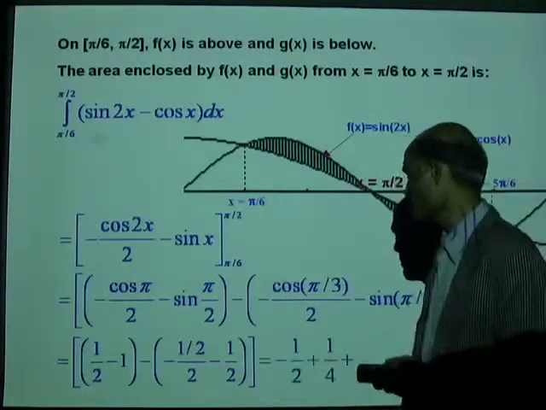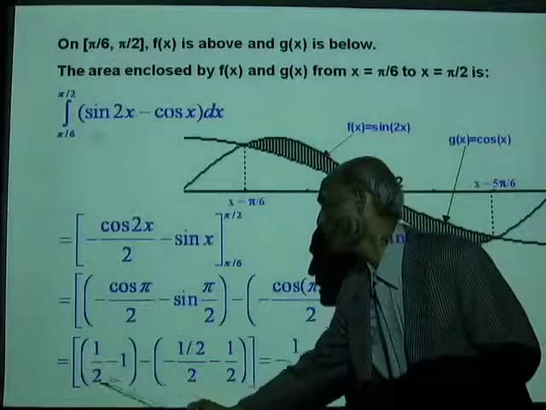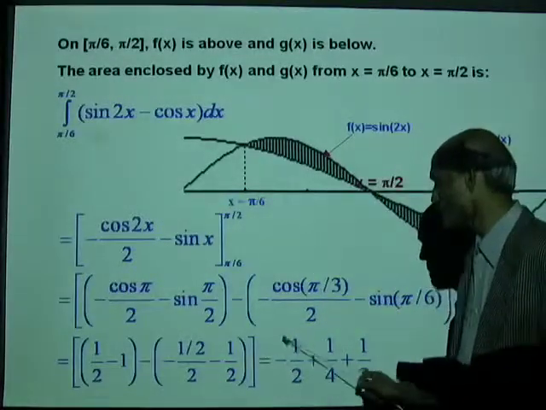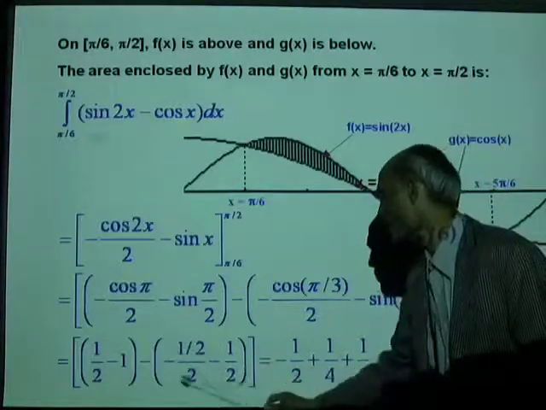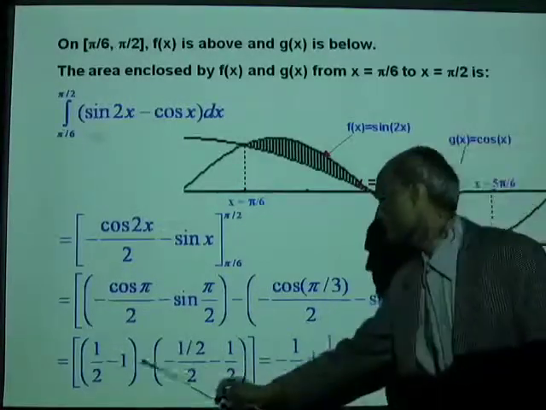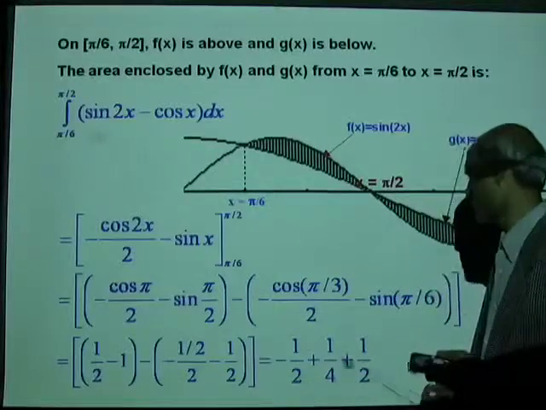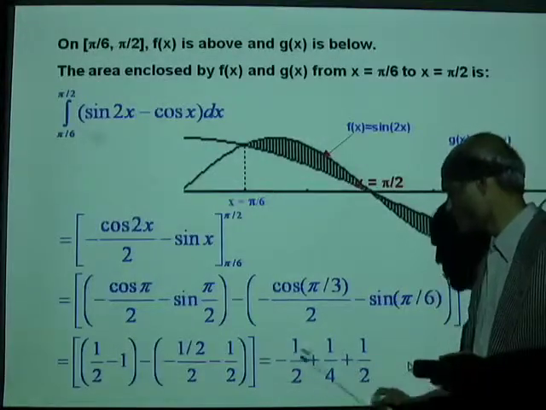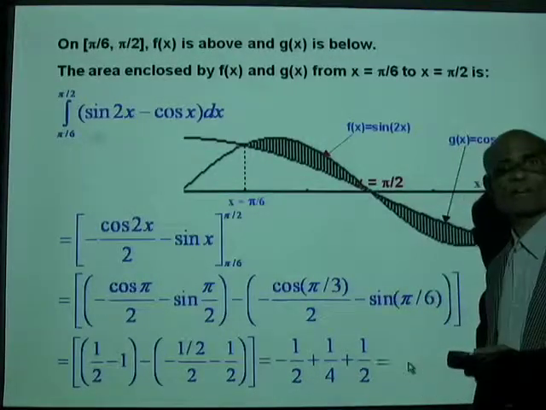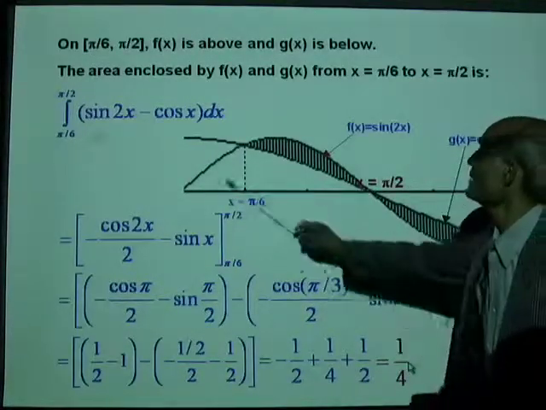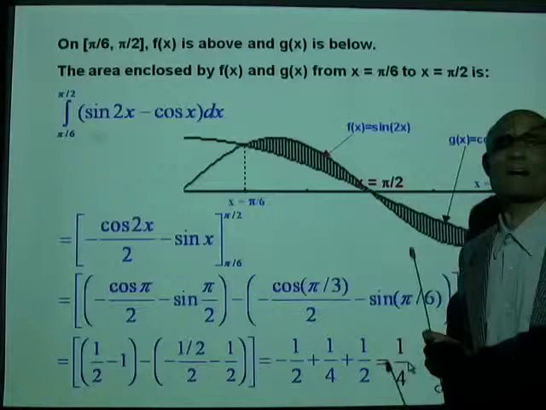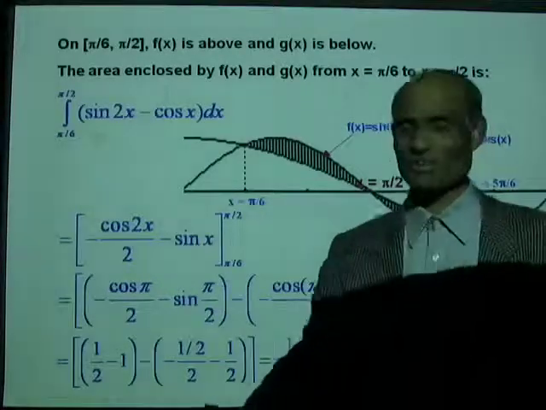Now simplify this. That will be 1/2 minus 1, which is negative 1/2, and this is negative 1/4. And minus becomes positive 1/2. Negative 1/2, positive 1/2 goes. And that gives you 1/4 as the area enclosed by the graphs of these two functions.